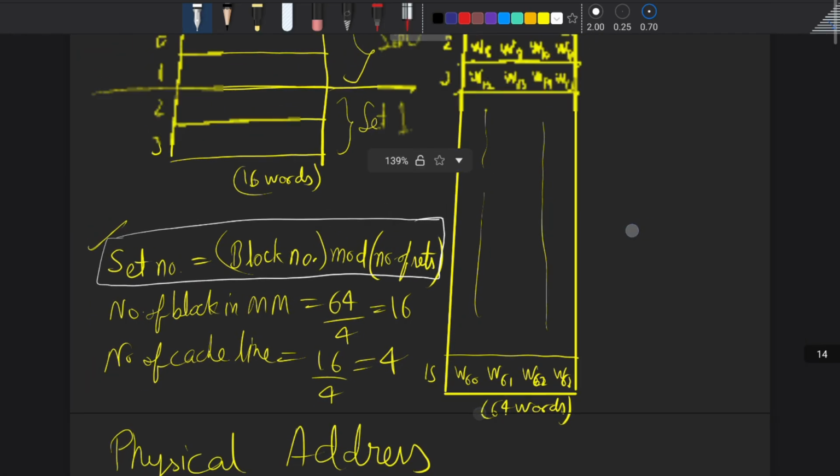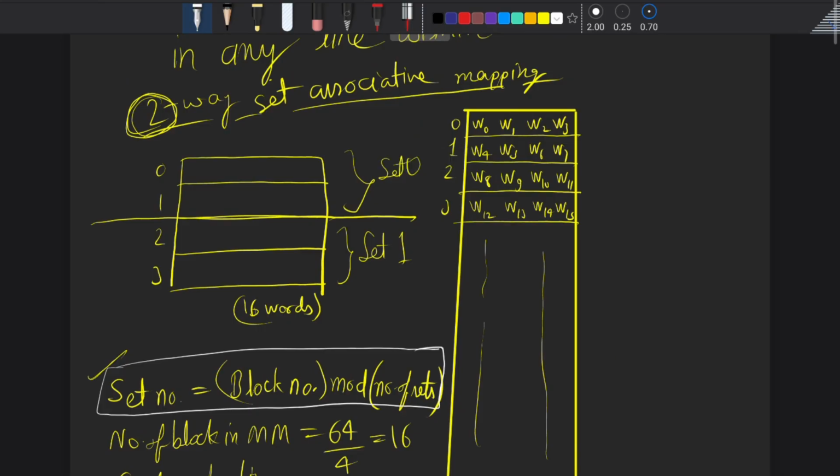For example, if we have to calculate where block 0 will go, then we will calculate 0 mod total number of sets. Here we have two sets, so it is equal to 0. Therefore the 0th block will go in set 0.